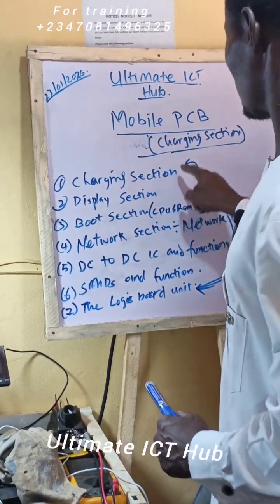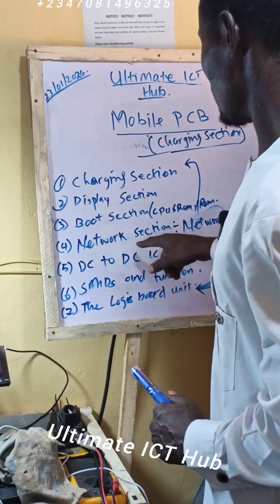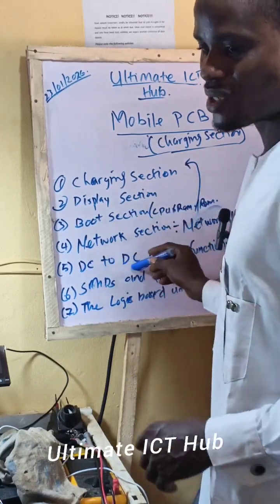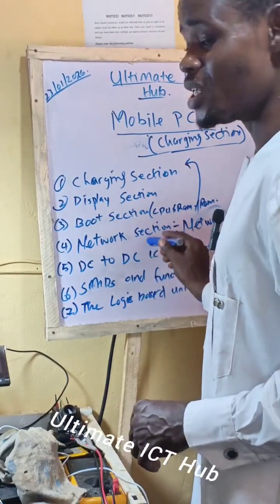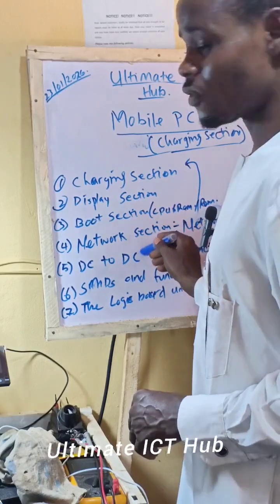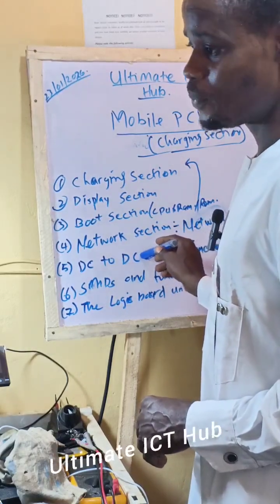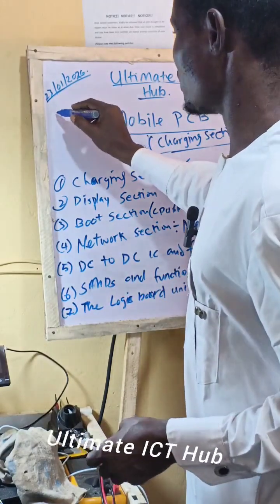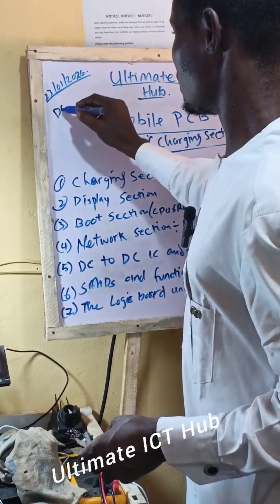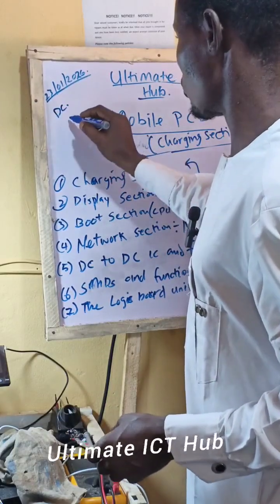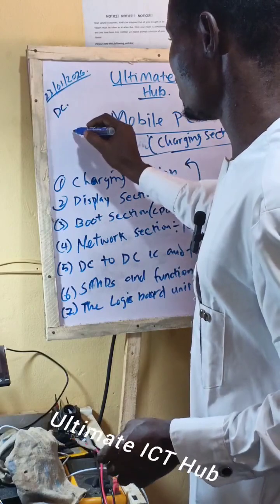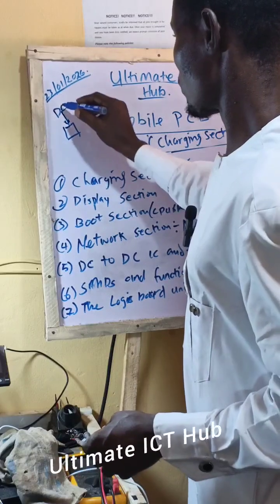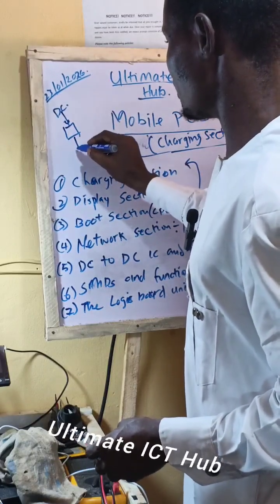You understand? But this one is different from this. The charging section is related to this DC to DC, because in fact this is even the major part of the PCB of the charging section, because it filters. It's coming from the DC, direct current, then it's the bridge between the DC direct current and the AC.